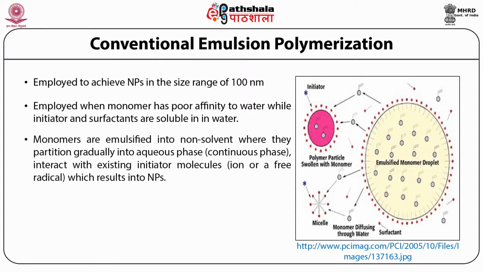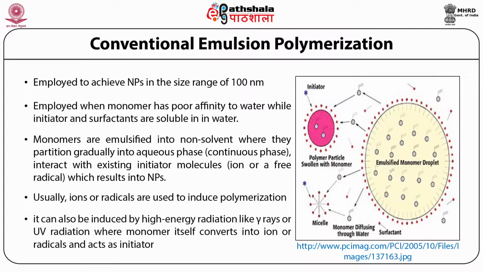First, monomers are emulsified into a non-solvent, then they partition gradually into the aqueous phase, which is the continuous phase. Then they interact with existing initiator molecules, ions or free radicals, in the continuous phase. Ions or radicals are widely investigated to induce polymerization.